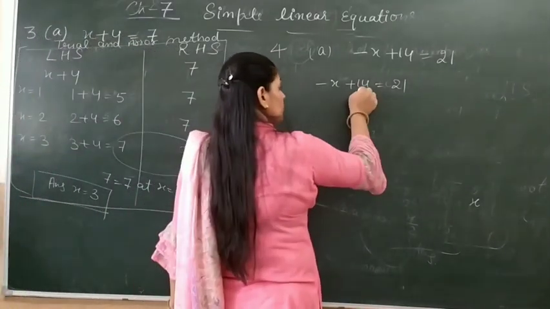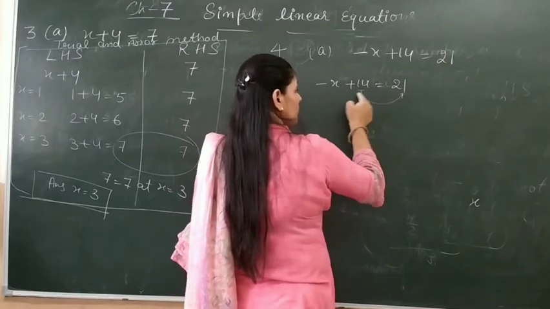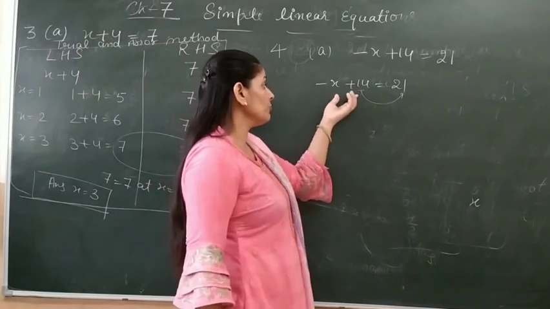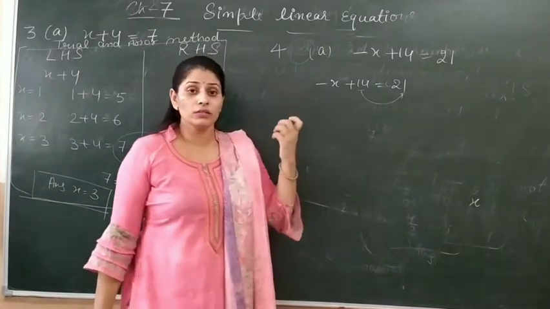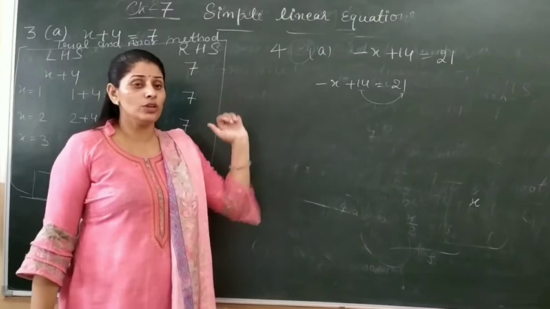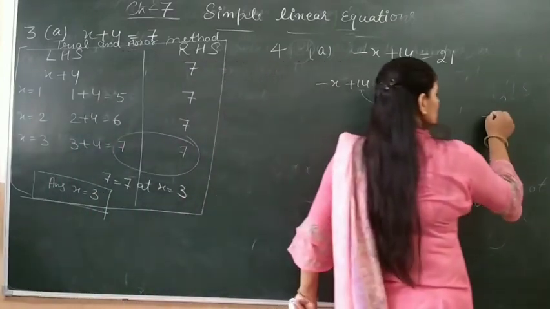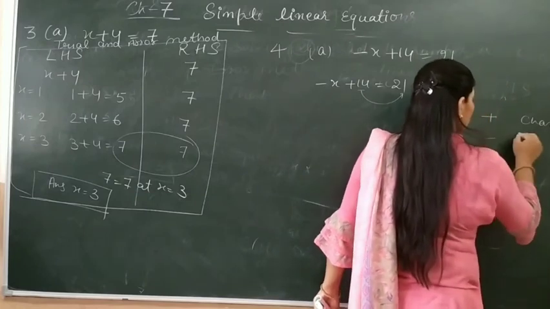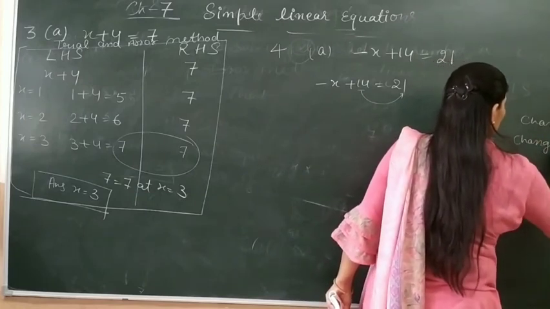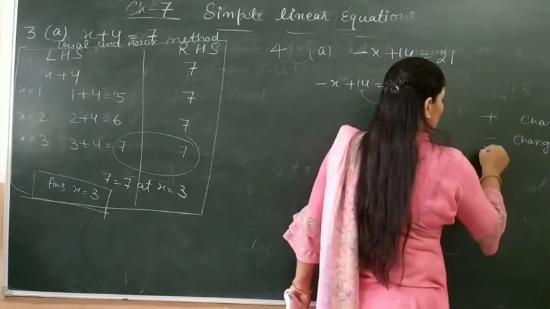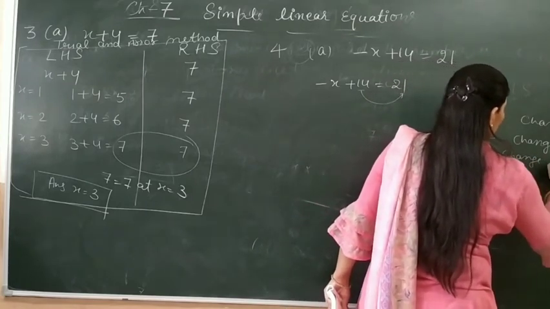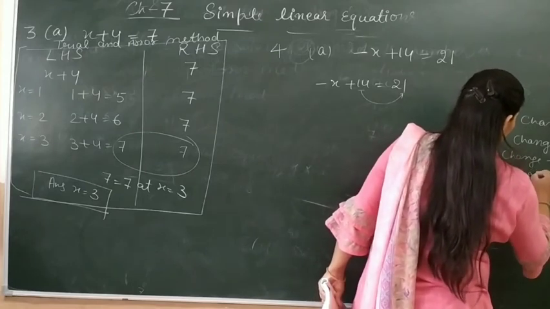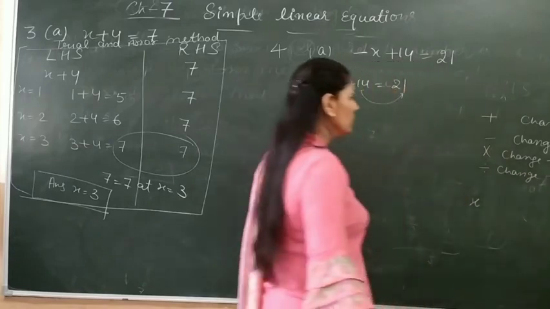We can take 14 from left to right, and if we change the position of any term from left to right or right to left, then plus changes to minus and minus changes to plus, multiply changes to divide, and divide changes to multiply.